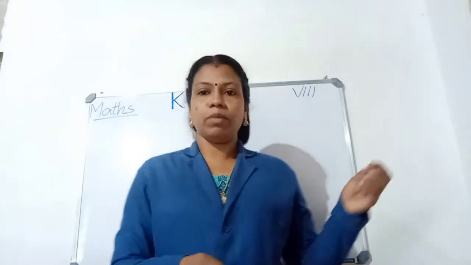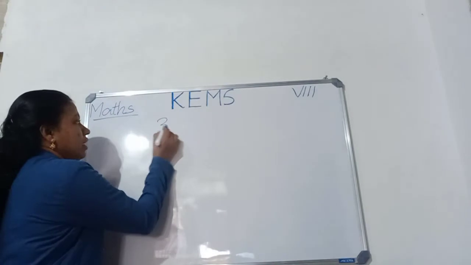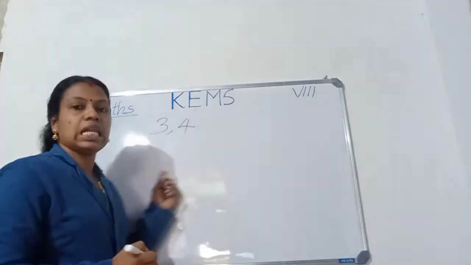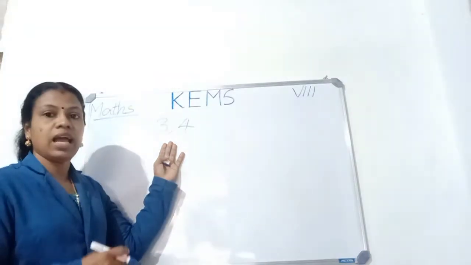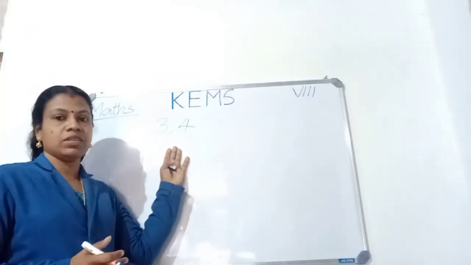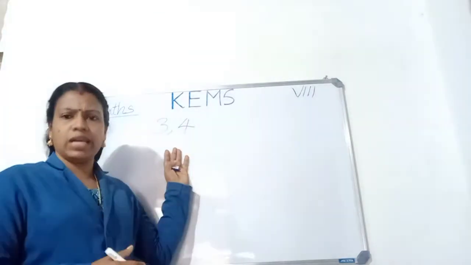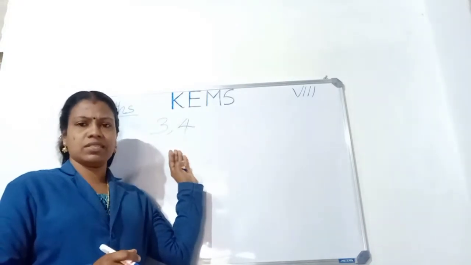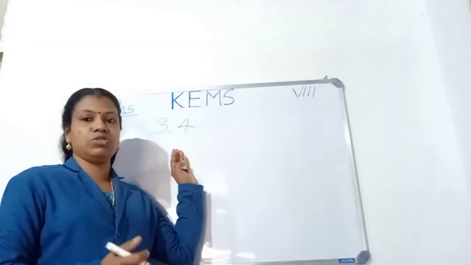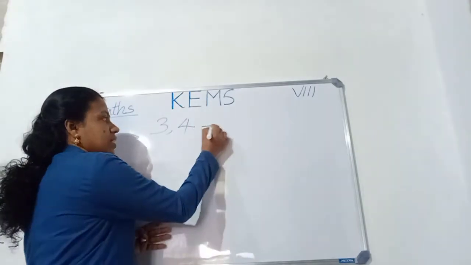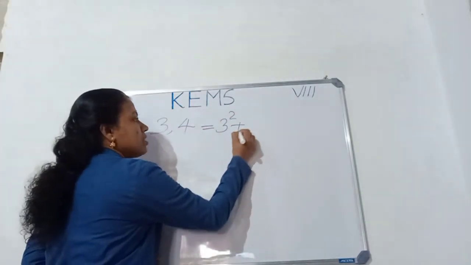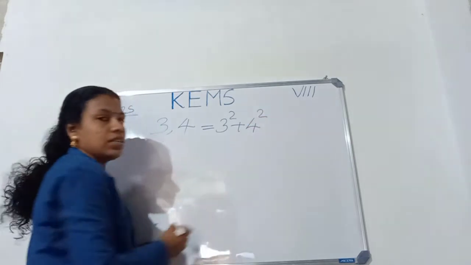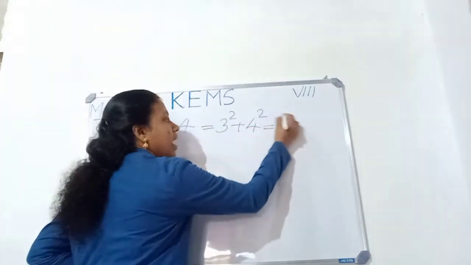Okay, look at the board. Here I wrote 2 numbers, 3 and 4. What is the sum of the squares of these 2 numbers? Just find. 3 square plus 4 square. 3 square is equal to 9.